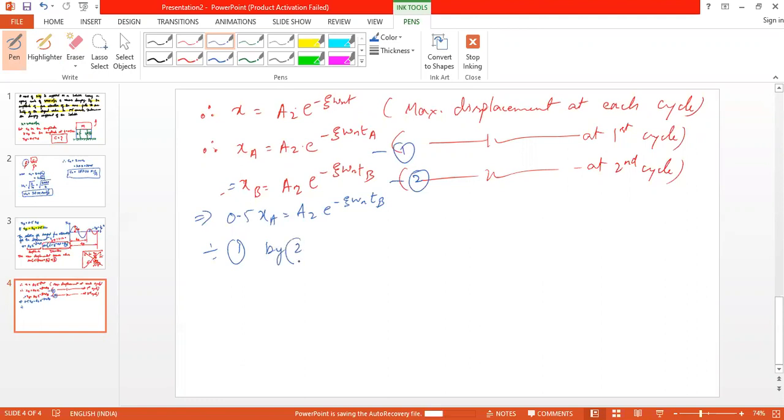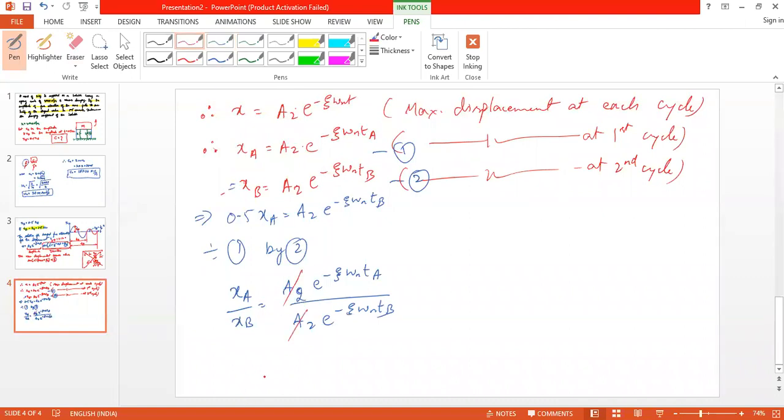Divide 1 by 2: XA by XB is equal to A2 e power minus zeta omega n tA divided by A2 e power minus zeta omega n tB.